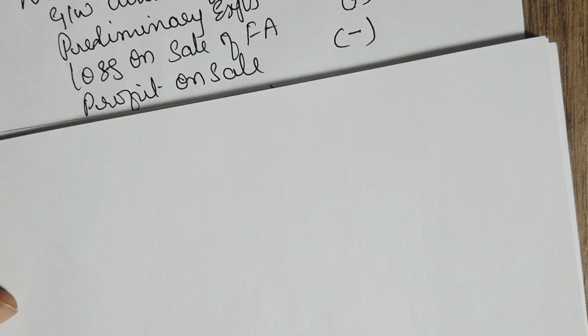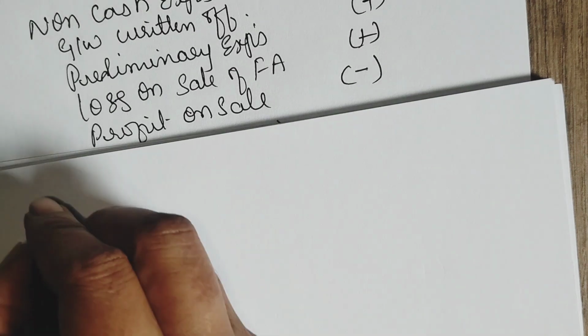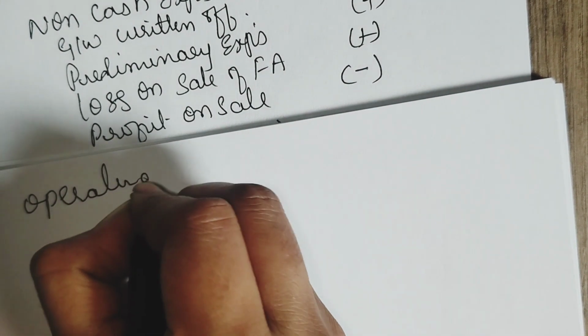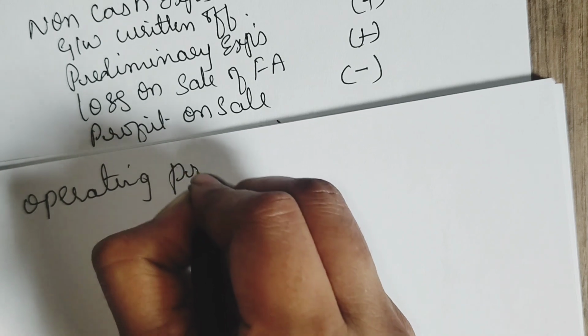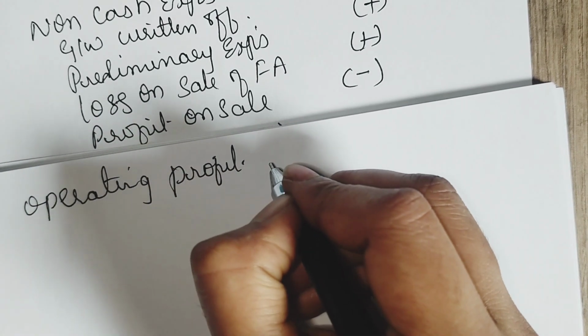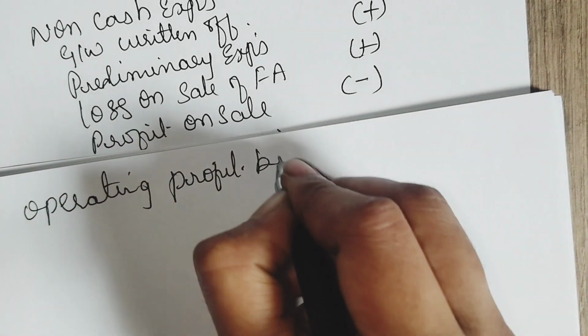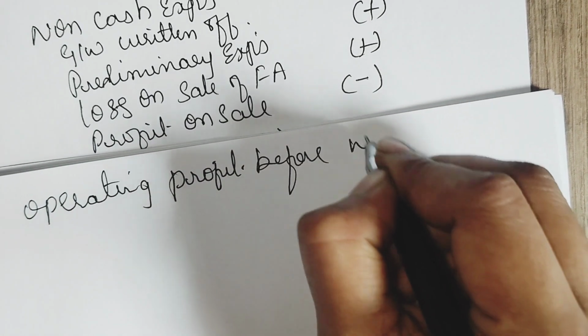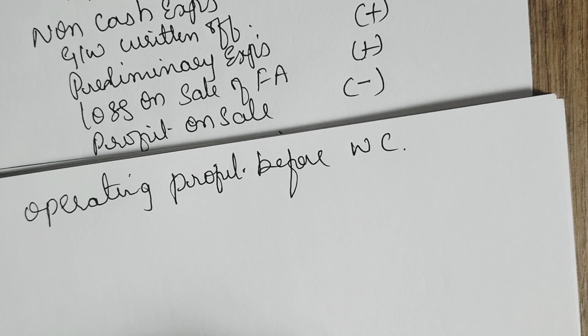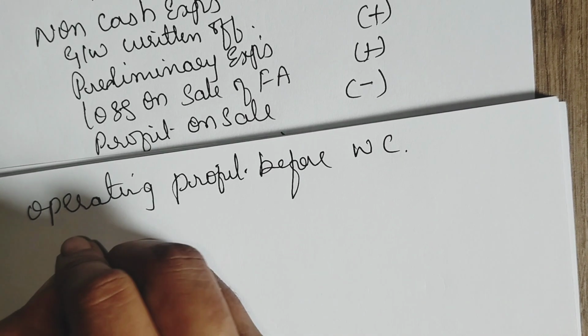See, after all this you will get operating profit before working capital changes. Current assets and current liabilities are remaining now, right? So that you are going to take now.